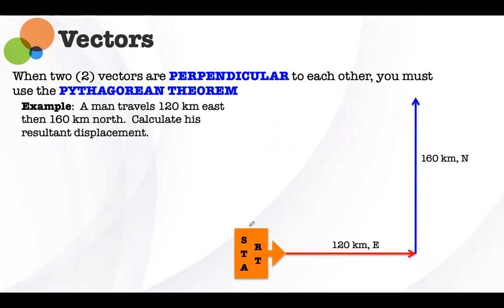So this is where he starts, and this is where he finishes. As I said, we will connect the place where he starts to the place where he finishes. Just like that, right? This is where he started, this is where he finished.